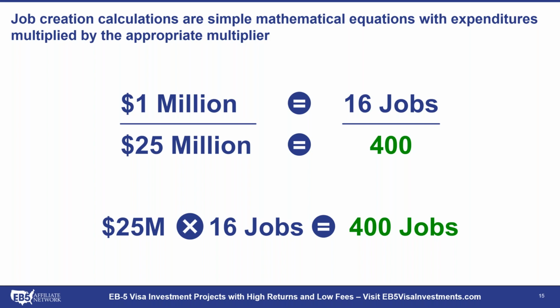So if your absolute maximum was 36 million, maybe you'll assign a 20 to 30% job cushion and target an EB-5 raise of somewhere between 25 and $28 million or $30 million maybe, substantially below the 36 million, which would be the maximum based on the anticipated hard construction costs for the project.